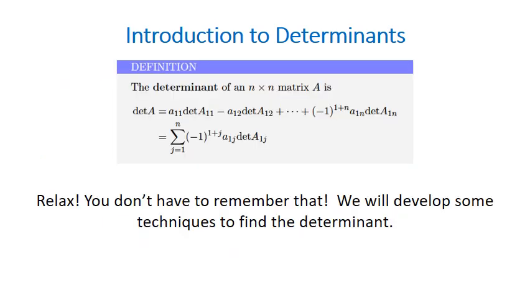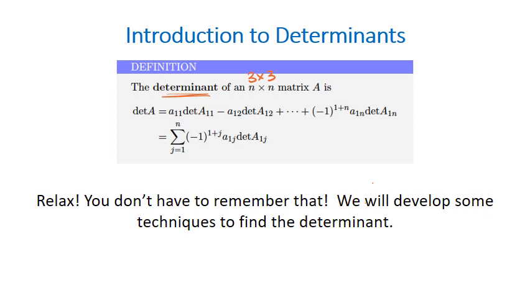So here is basically the definition of a determinant of an n by n matrix. And basically what this is saying is when n is 3, for example, so if you have a 3x3 matrix, well, then the determinant A is defined by using determinants of a 2x2 submatrix.